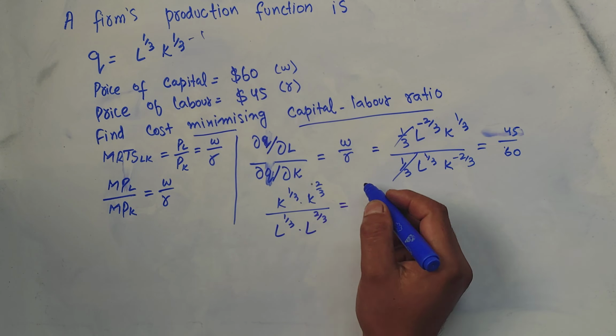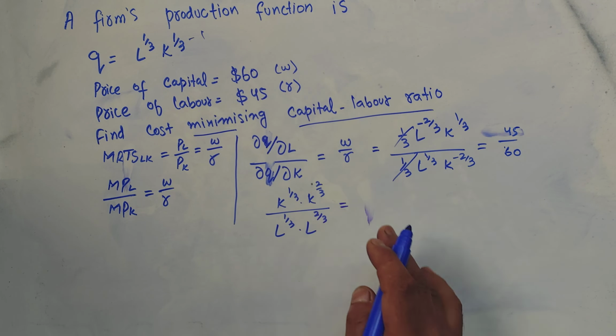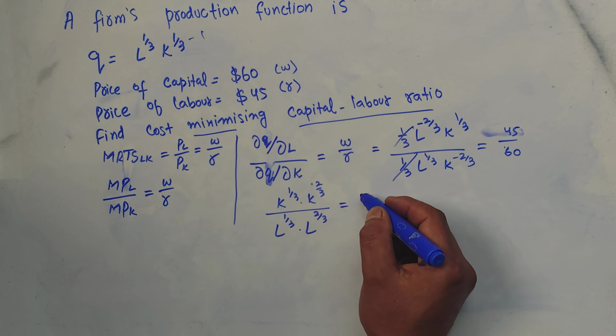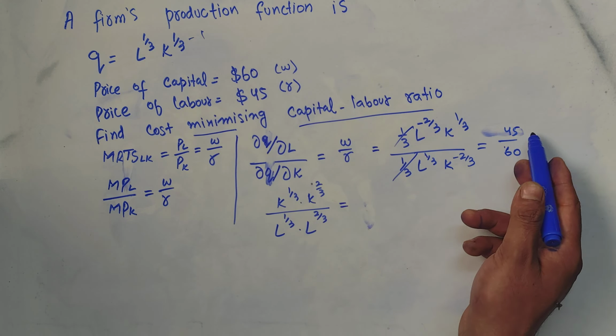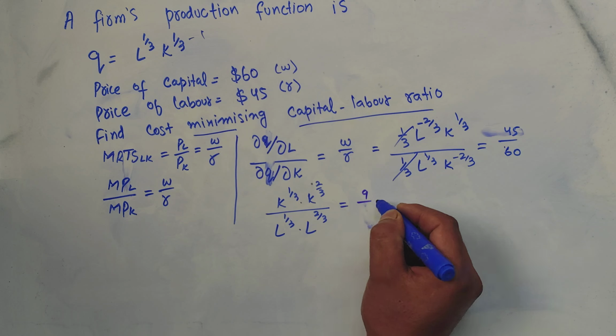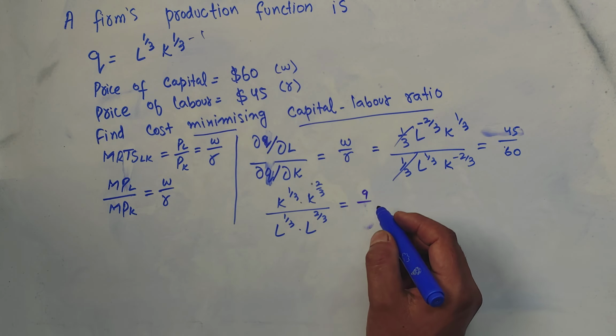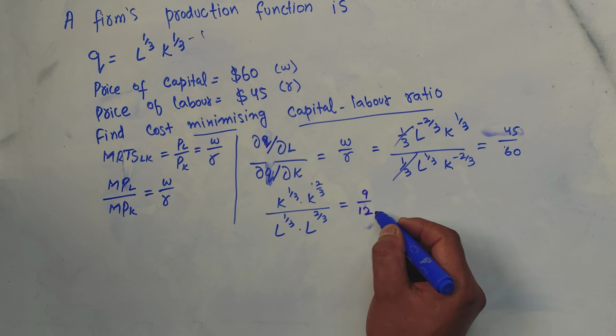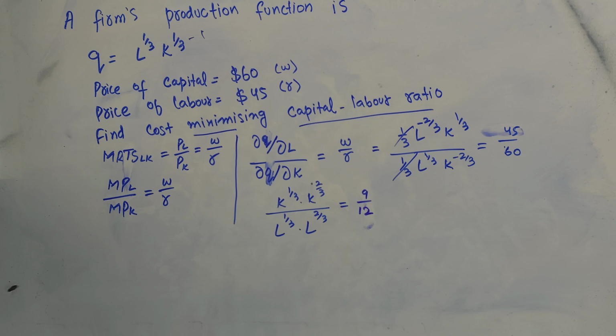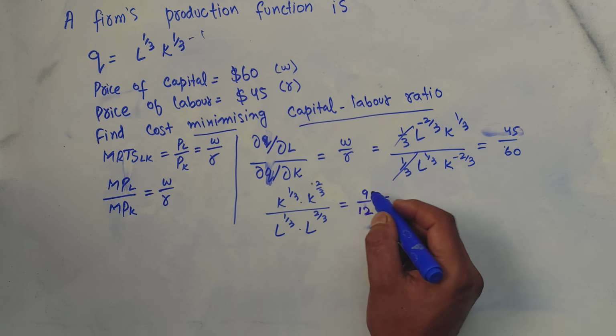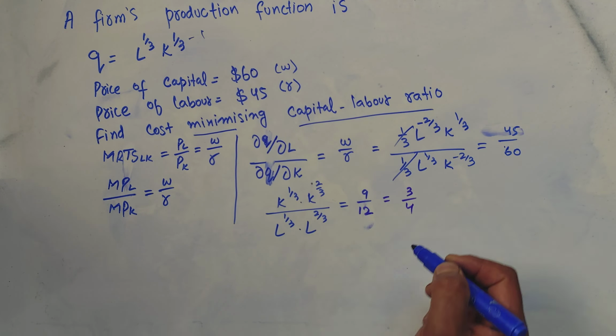So we can do this with 9: 5 9s are 45 and 5 12s are 60, which will be equal to 3 upon 4, since 3 3s are 9 and 3 4s are 12.